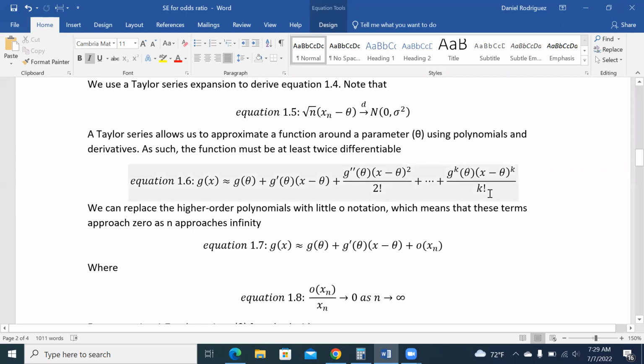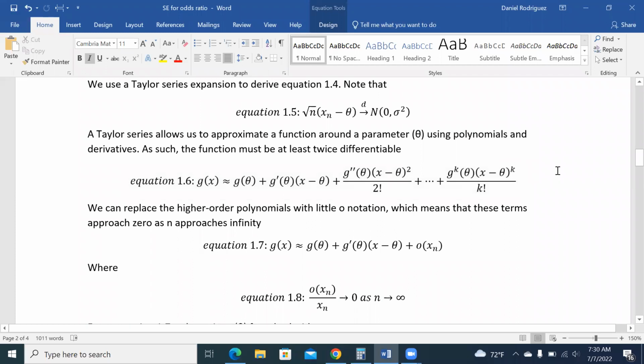This is just a very basic looking Taylor series expansion, right? And again, there's lots of literature on how to do Taylor series, but what we want to know is how the function behaves around, say, a mean of 0. How does it behave around there? I have k as the total number of derivatives I'm going to take.